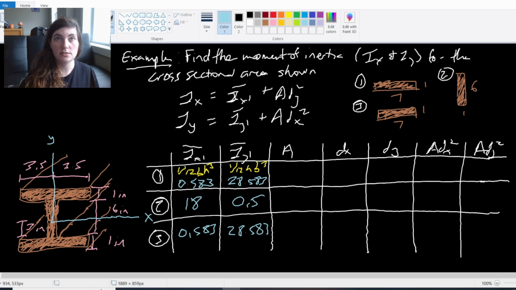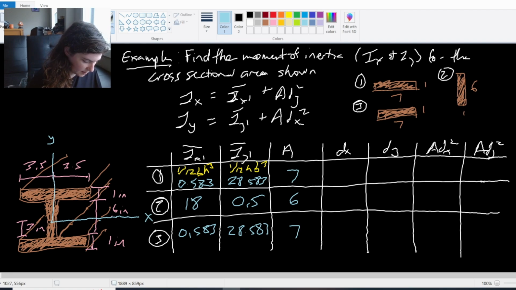Next, I'll do my areas, and these are really easy since I only have heights and bases of 1, right? So my 7 times 1 is going to be 7, here exactly on the 3, and then 6 times 1 is 6. So now I need to find my centroid distances for all of them, and we'll notice if I look back at my diagram here, all of my X centroids for every shape falls right on the y-axis.